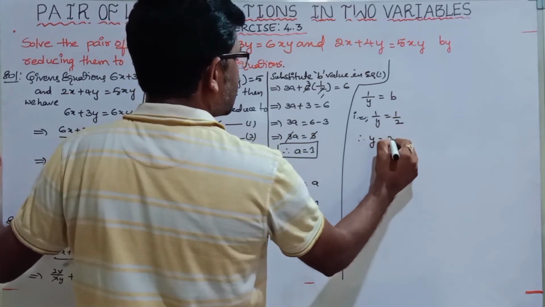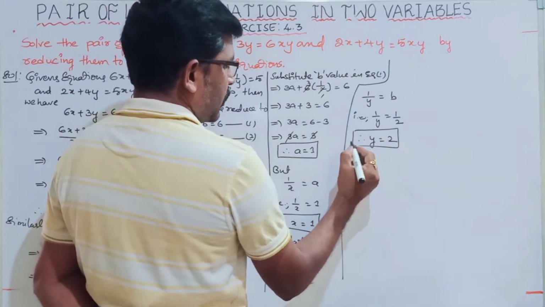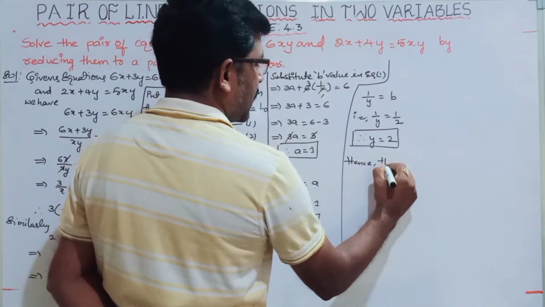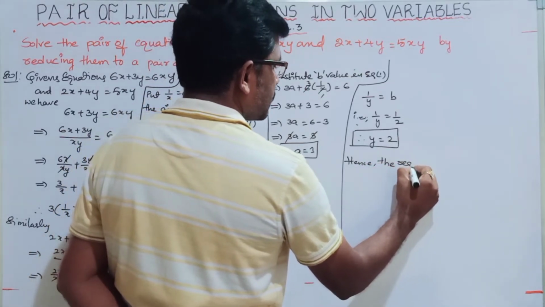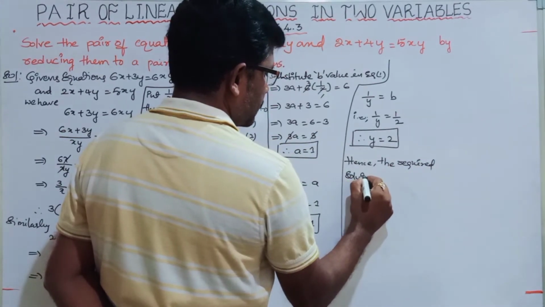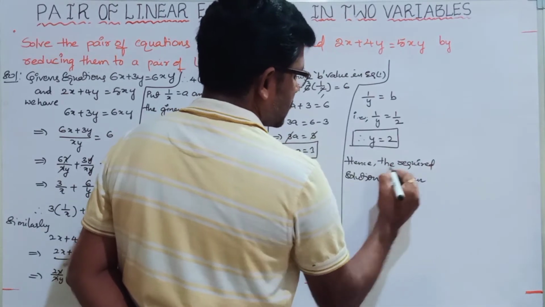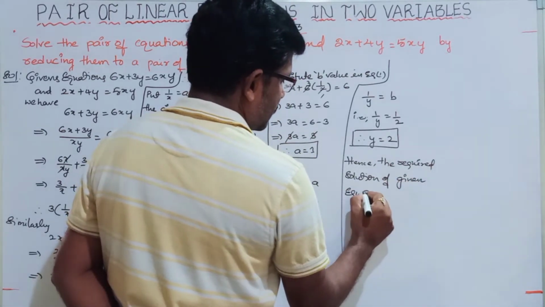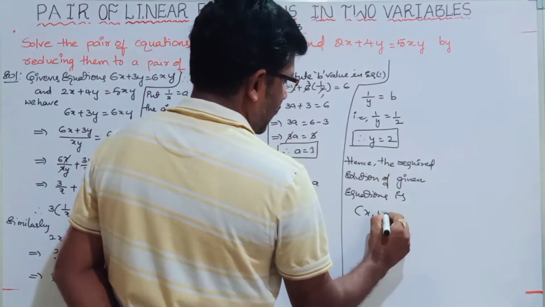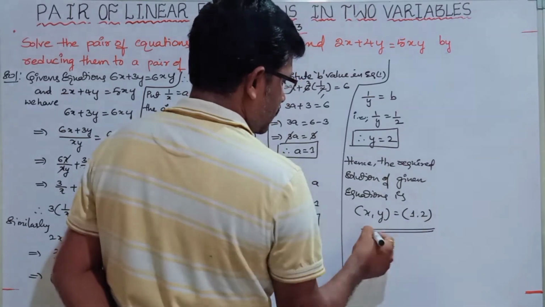Therefore, y is equal to 2. Hence the required solution of given equations is x comma y is equal to 1 comma 2.